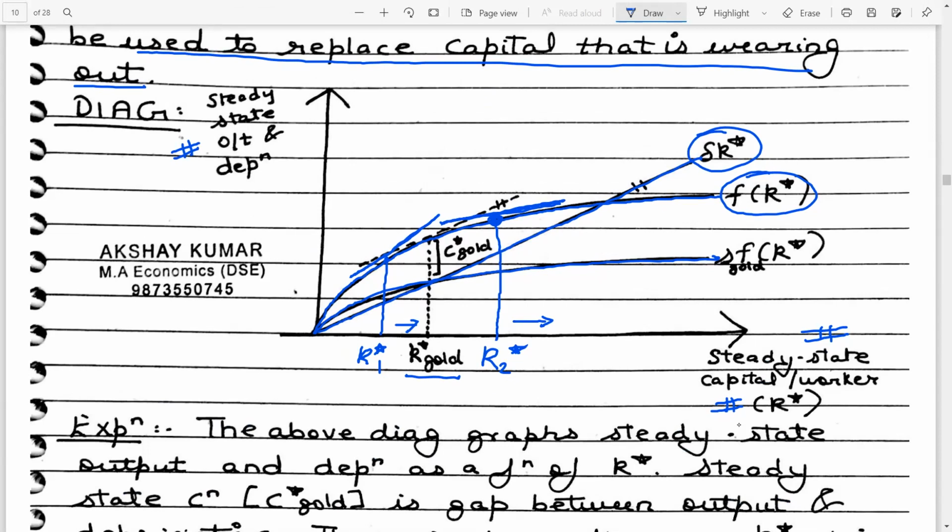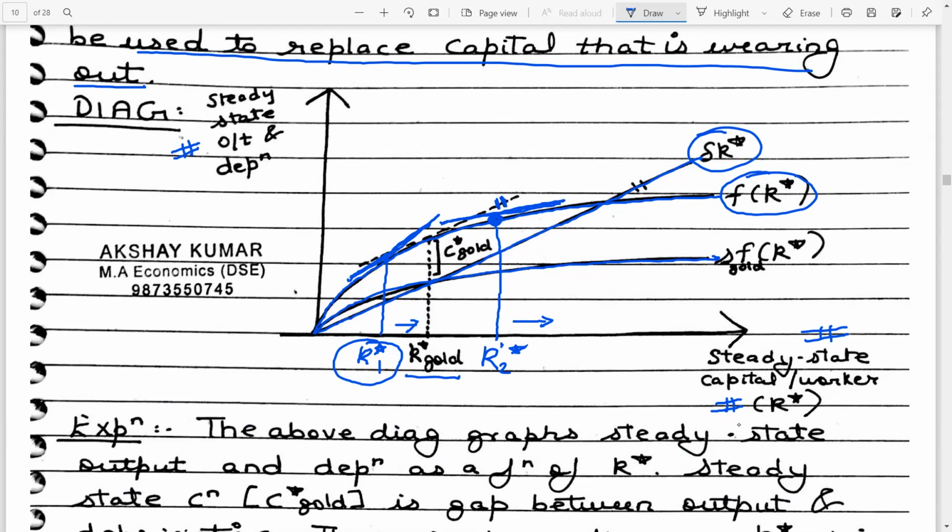You can see that it's parallel to the delta K star line. Below K star gold, the production function is steeper than the delta K star line. So increasing the capital stock will increase consumption because output will increase faster than depreciation.